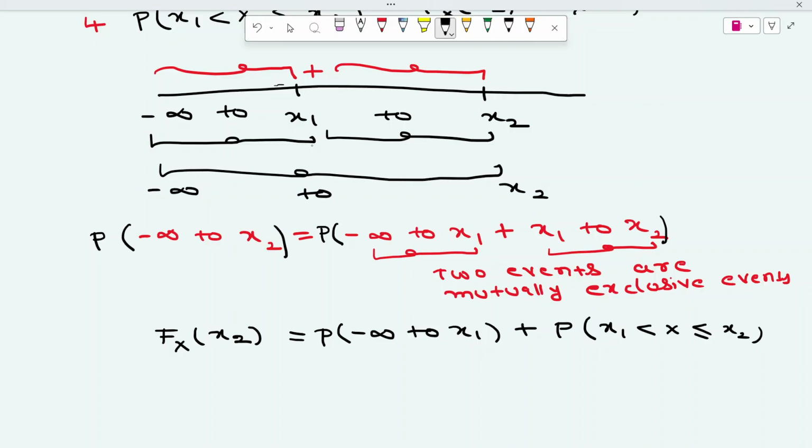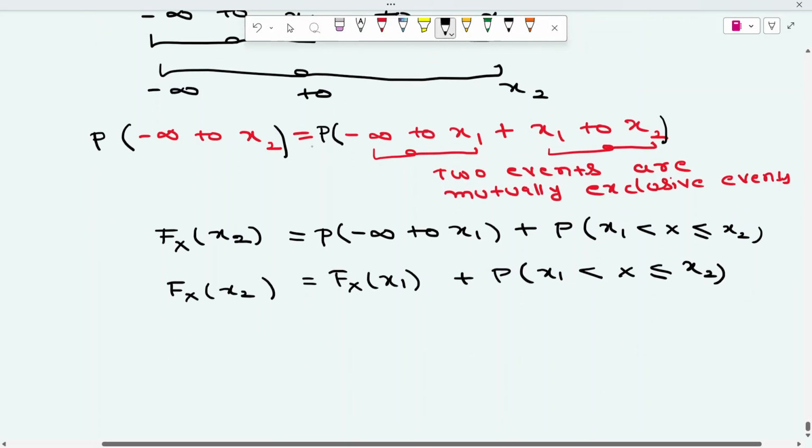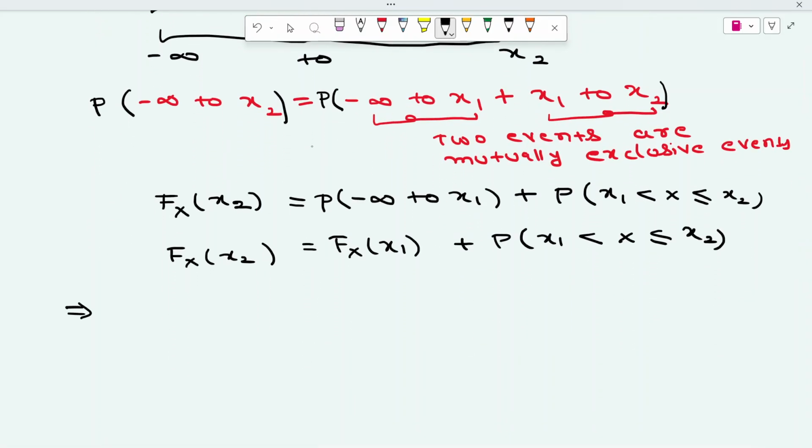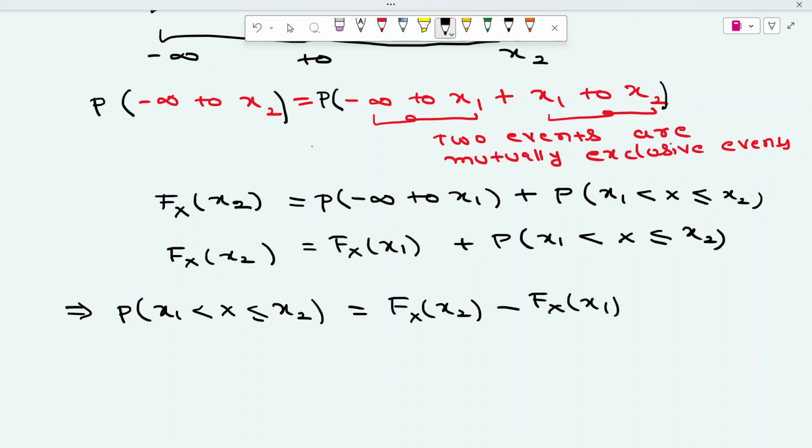So what is this one? Minus infinity up to x1 is nothing but Fx of x1, plus the probability of x1 less than x less than or equal to x2. This side we have Fx of x2. So what we require, our fourth property, is the probability of x1 less than x less than or equal to x2, which is Fx of x2 minus Fx of x1.